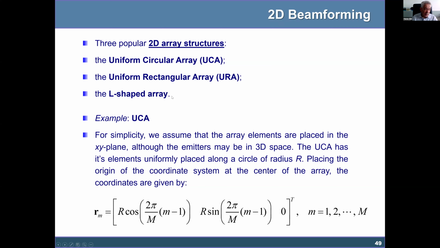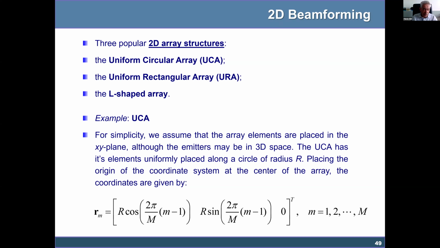Basically, the L-shaped array, as you can imagine, is two uniform linear arrays that are connected to form an L. So it's a planar array obtained by putting two ULAs, one vertical to the other.